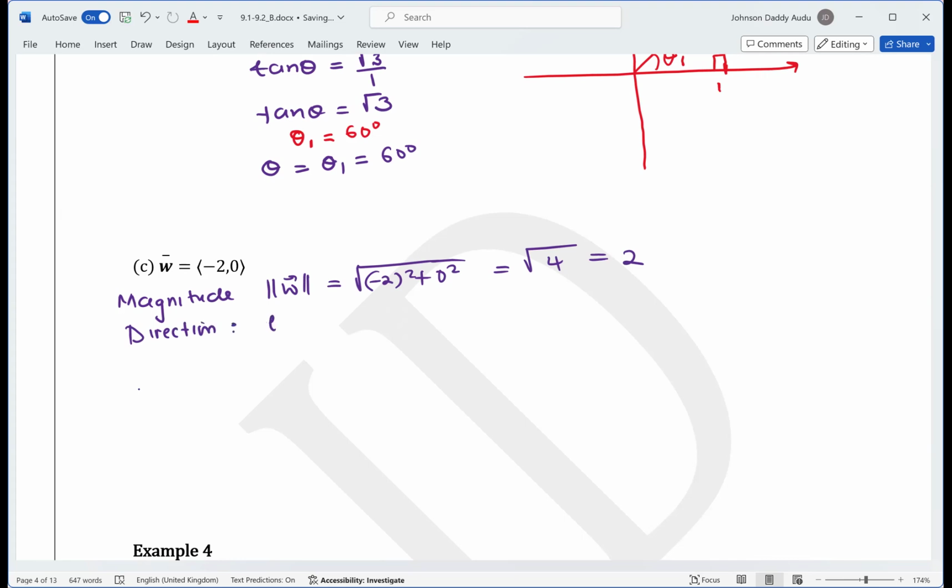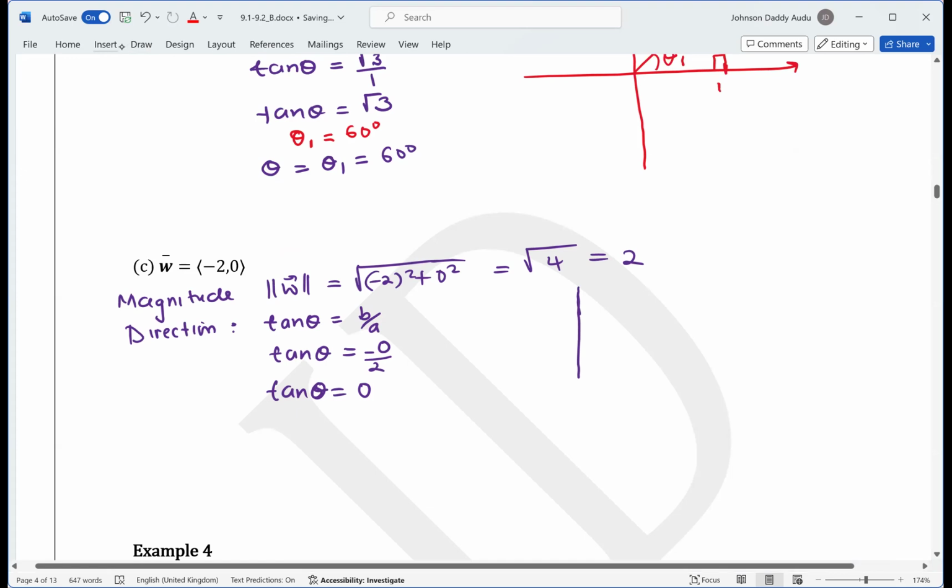And then what next? We can find the direction. The direction, remember, tan theta is going to be b over a. It means that tan theta is just going to be 0 over -2. So tan theta is 0. Okay. But now look at the position of this vector. Let's sketch this.